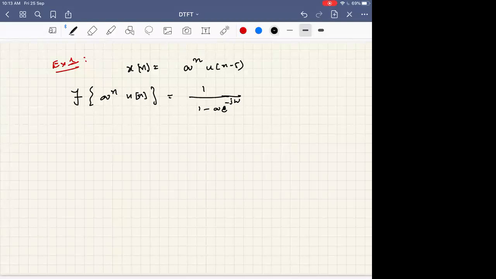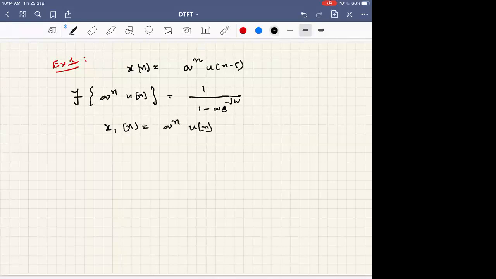So what should I do? We write a to the power of n minus 5 terms, and we use the shifting property. First I will write x1 of n as a power n u of n.